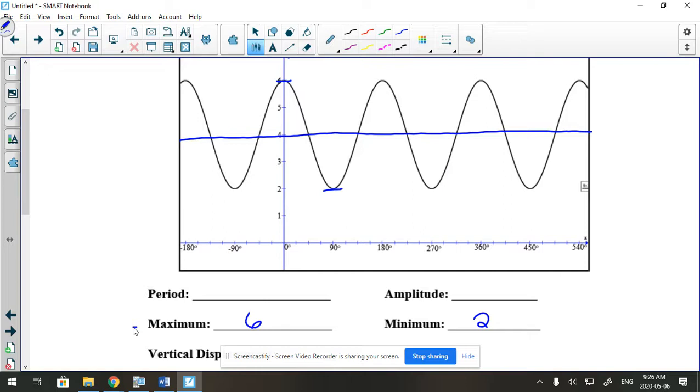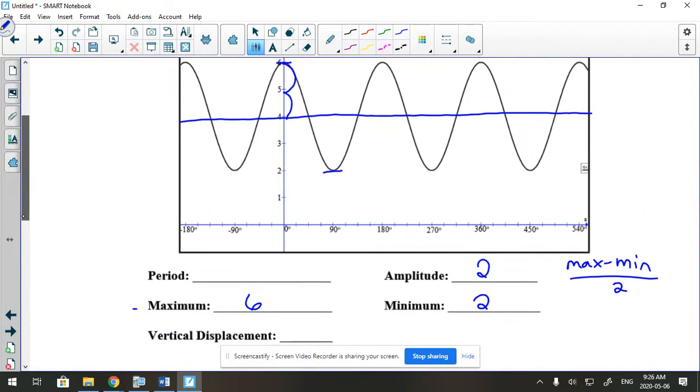Once you have your midline, and again, you can find that by doing your max plus min divided by 2, that will tell you what your midline is. Now you can figure out your amplitude. So from that line, I can see my amplitude is 2. Those waves are going up by 2 and then down by 2. So that's your amplitude. Another way to find that is max minus min divided by 2. Do that as well.